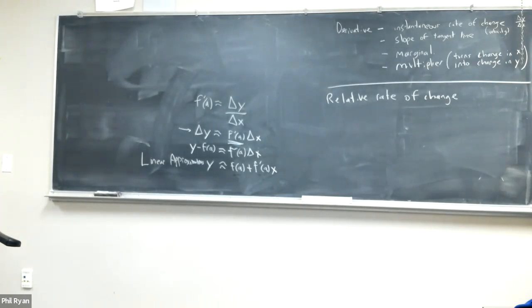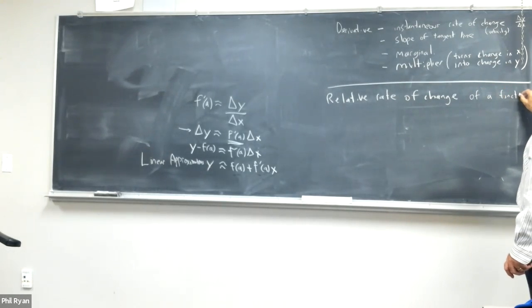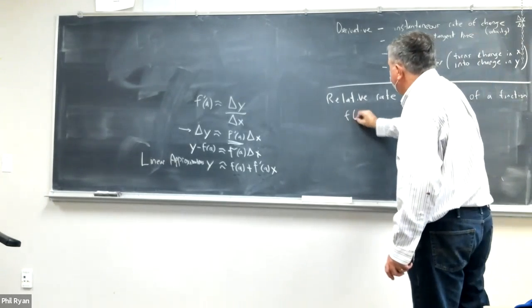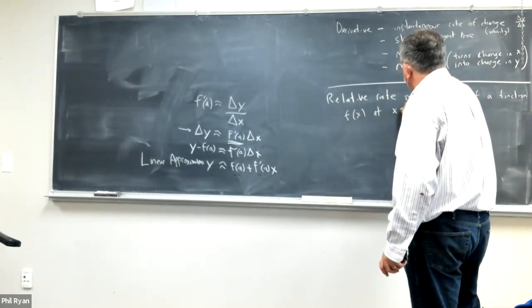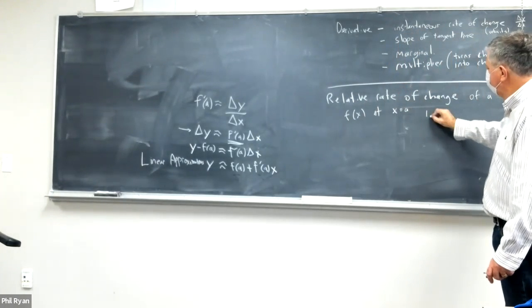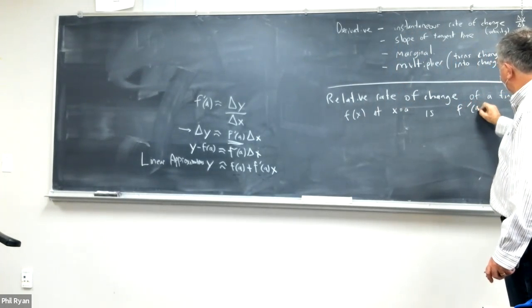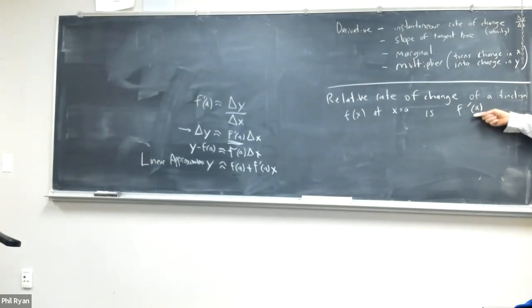By relative rate of change, I mean the relative rate of change of a function f at a point A is the derivative at A. Remember, this is something linear, the rate of change you get from the tangent line. And then you divide it by f of A.